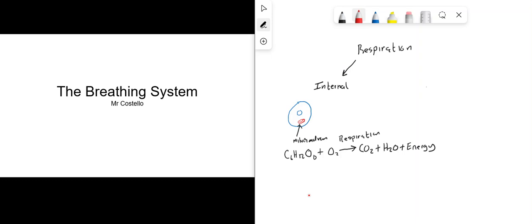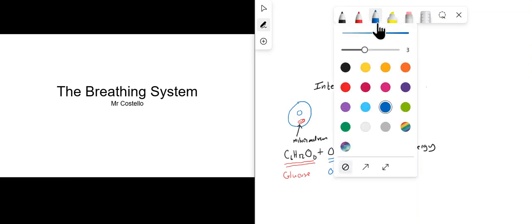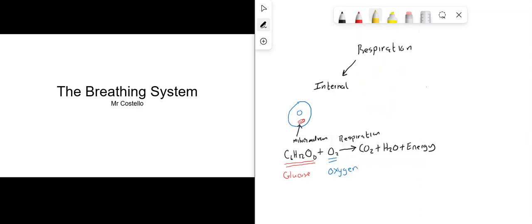And what's happening here is, through the digestive system, we get glucose. Through the breathing system, we get oxygen. And then we create this waste in the body, which is called carbon dioxide.